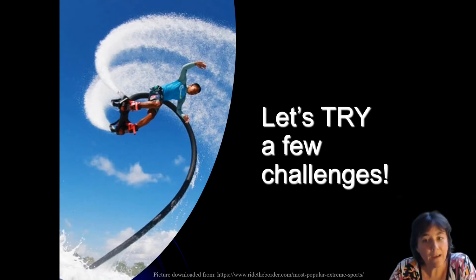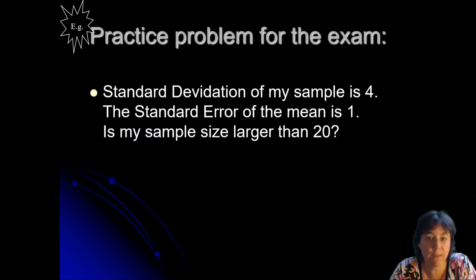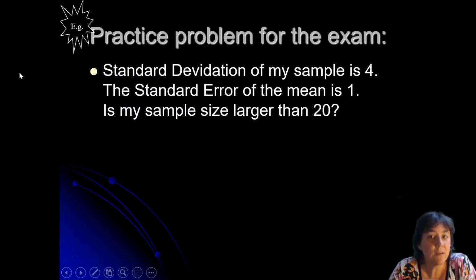So let's try a few challenges using these variability measures. A typical practice problem for the exam could be: the standard deviation of my sample is 4. The standard error of the mean is 1. Is my sample size larger than 20? And this, of course, implies that, as I said, you have to be able to calculate these by hand.